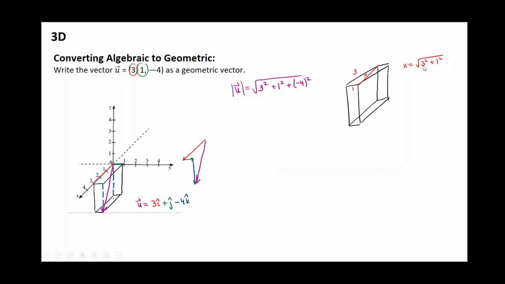So x would be found using the usual Pythagorean theorem. Then I'd like you to think of this plane right here, slanted from this corner to that corner, and we're interested to find out this purple vector size. Well, that also creates a right triangle with 90 degrees over here. And so x squared plus 4 squared would be equal to this diagonal squared.